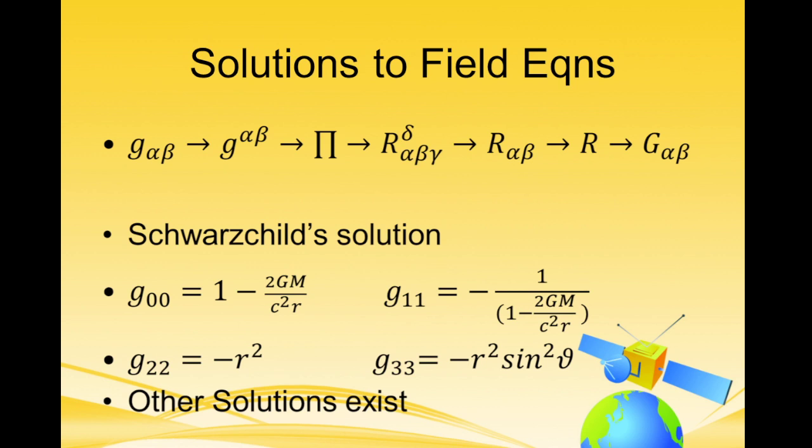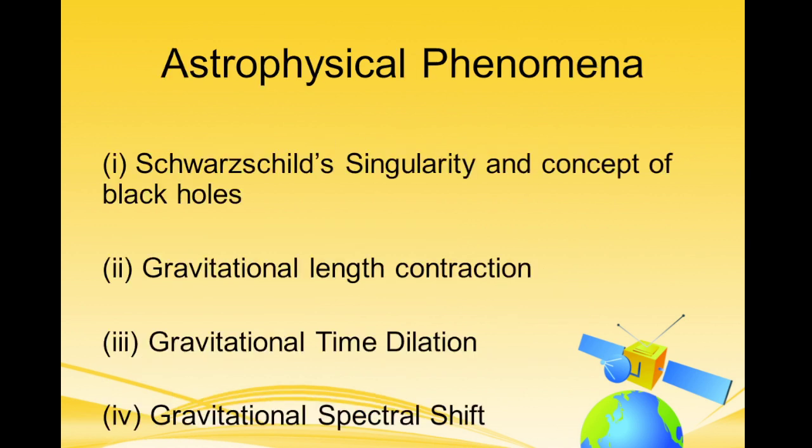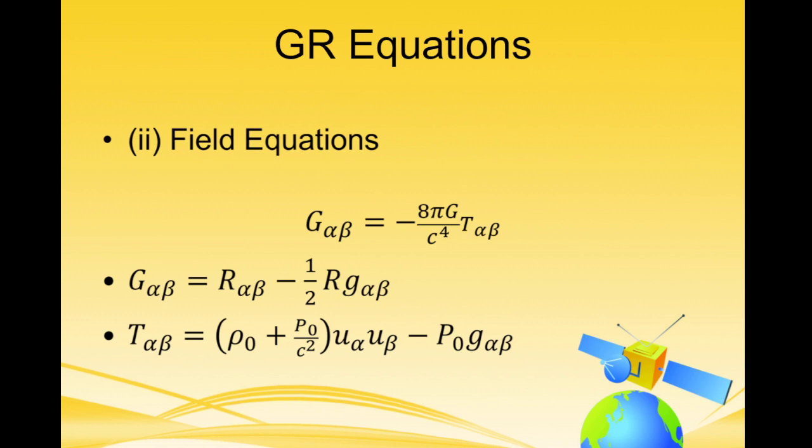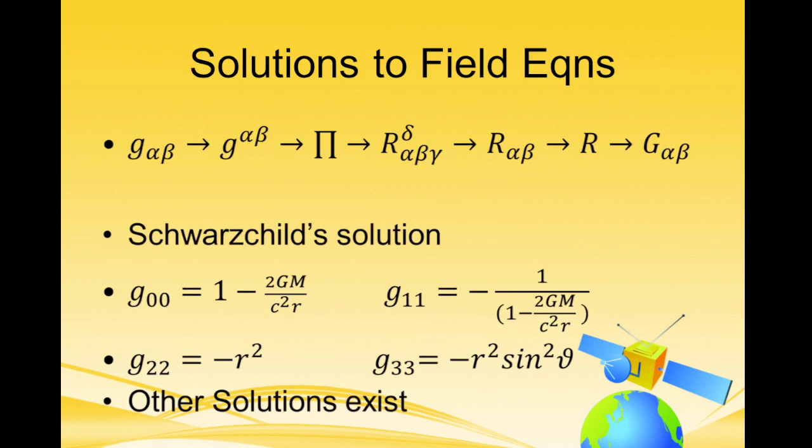Okay, so I have chosen one of the simplest solutions to the field equations we just saw. So one of the solutions to this field equation is what we call Schwarzschild solution.